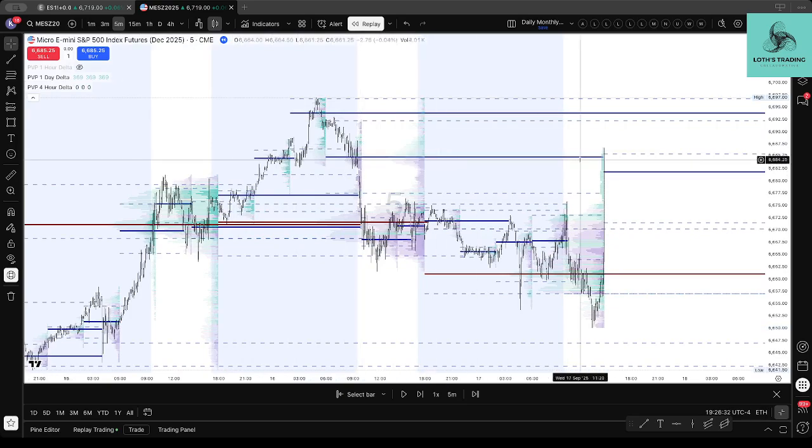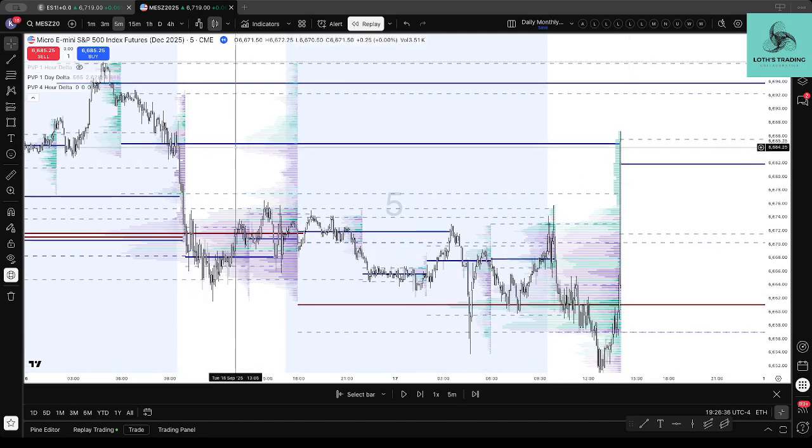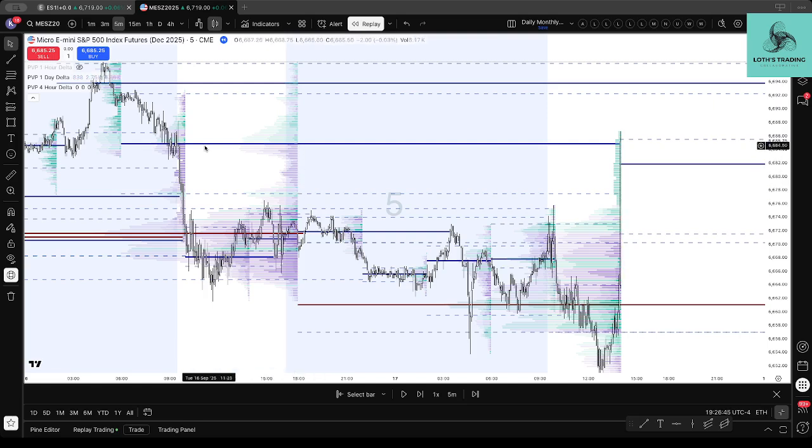So this left a naked point of control and essentially a lot of sell delta. So here on my cursor, we can see there was quite a bit of selling here, leaving an imbalance, and therefore once price got back up to this notch here, you can see price moved quickly.